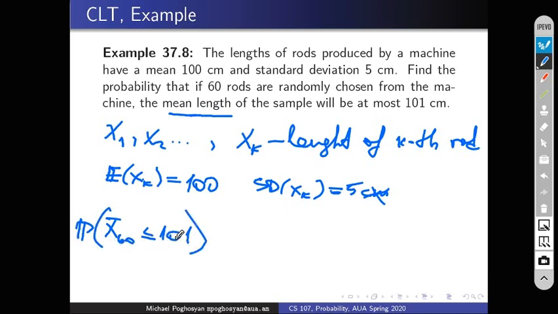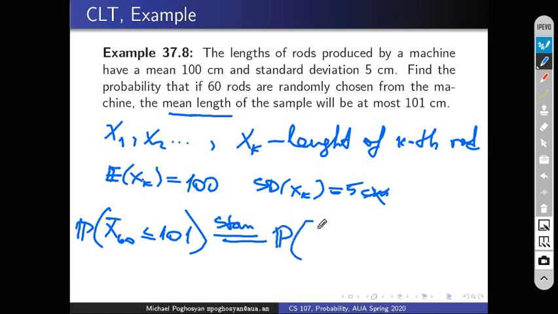So the previous problem was about the sum of random variables. Here, the problem is about the average of random variables. Now, I'm doing the same thing. So first standardizing that x60 bar.